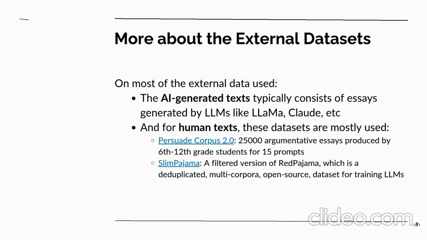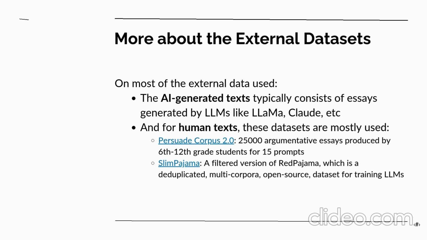Now, more information about the external datasets. In most of the external data used, the AI generated text typically consists of essays generated by LLMs like Llama, Claude, etc. For the human text, these two datasets are the most used.